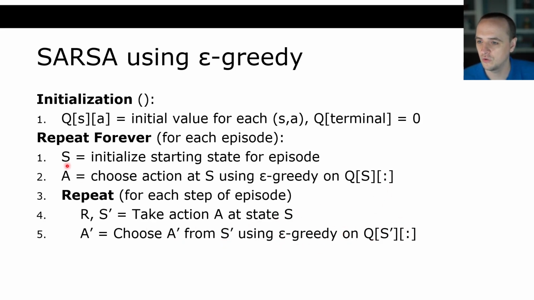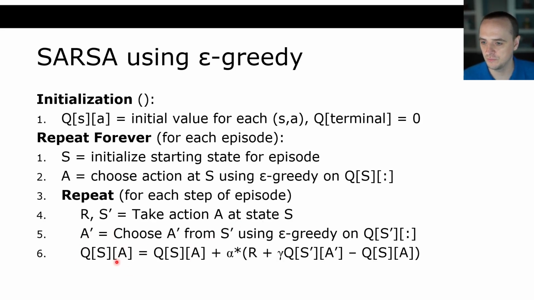Okay, so we have a state, we chose an action, epsilon greedy using our policy. Then we got a reward and a next state from that. And we are taking one more action, and then we update our value based on that next state and the next action.